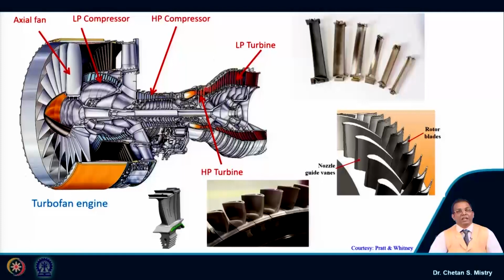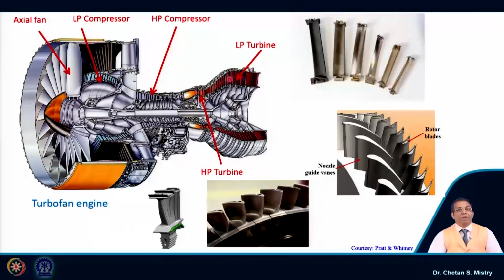On the later side, because of the expansion process, my pressure is decreasing downstream. That leads to operating this turbine at low pressure, and that is the reason why it is called the LP turbine.